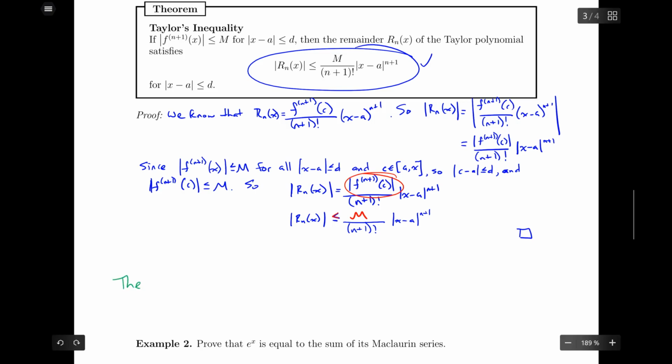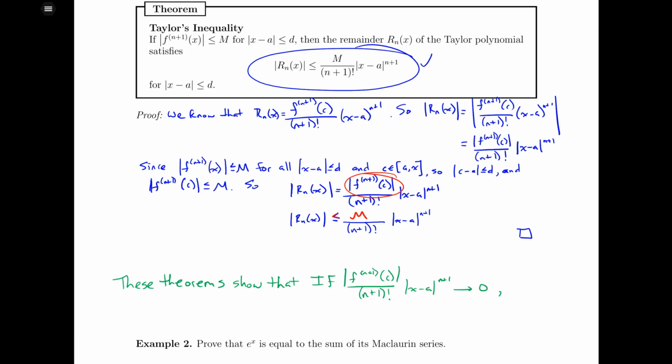These theorems go together to show that if the n plus first derivative at c over n plus 1 factorial times the absolute value of x minus a to the power of n plus 1 goes to 0, because this is at least the size of the remainder, so if this goes to 0 for all x in the interval from a to x, then this shows that the size of r sub n of x goes to 0 as well.